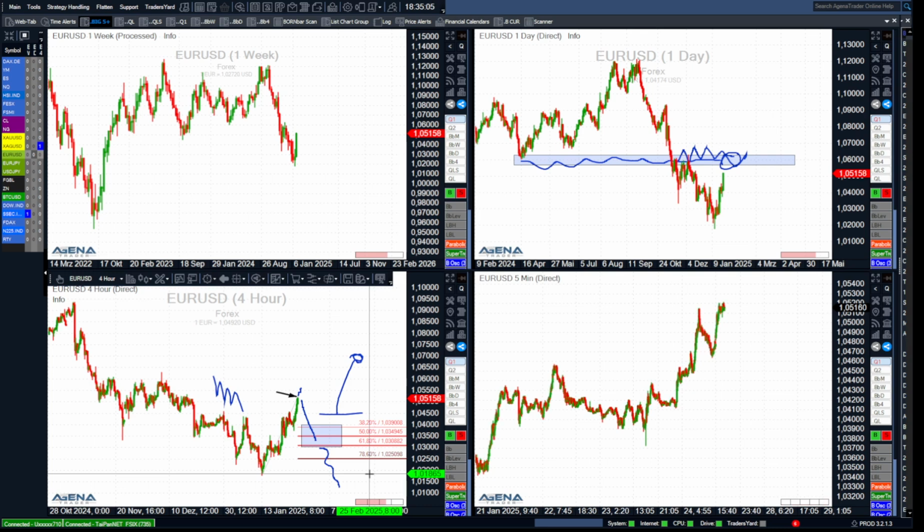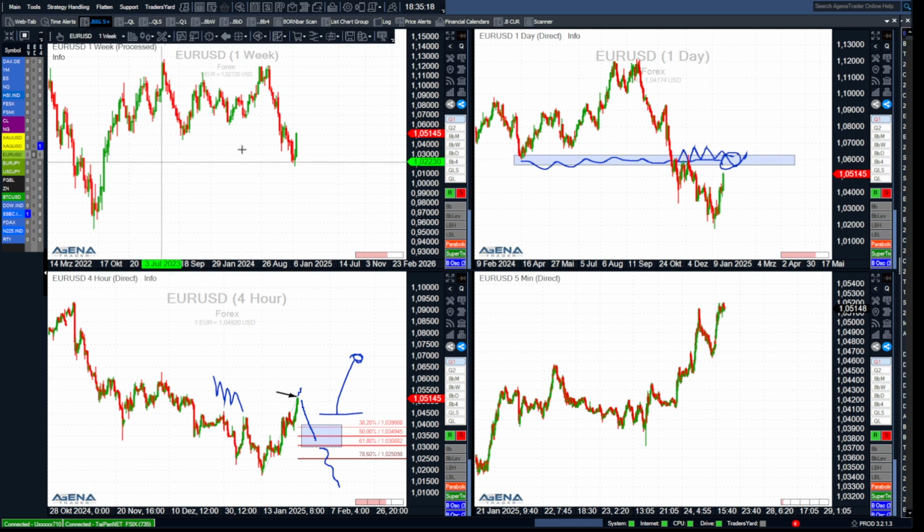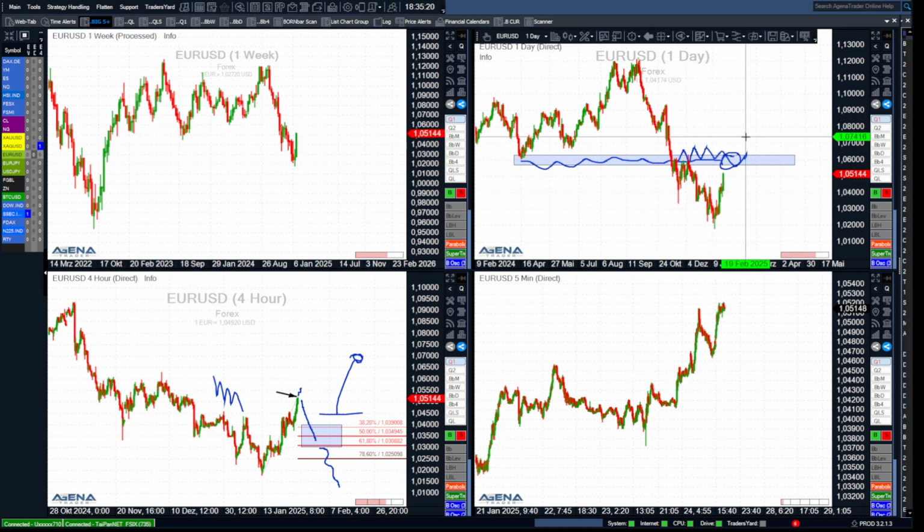Many people think, I understood what you drew, this will happen. No, it's not 100% sure. There's always a chance for an alternate count, but I think the overall situation is giving the best impression for higher grounds, at least here into the middle, but even higher grounds in the aftermath.